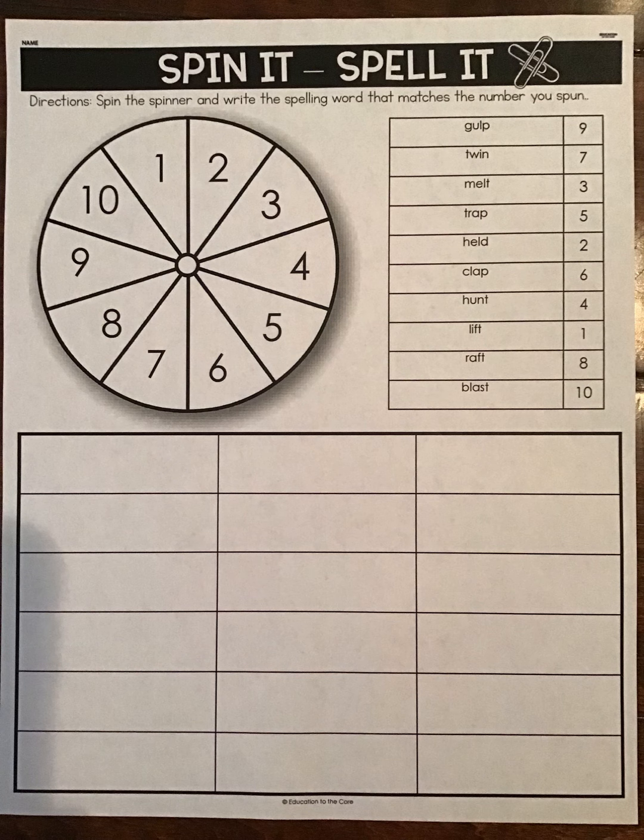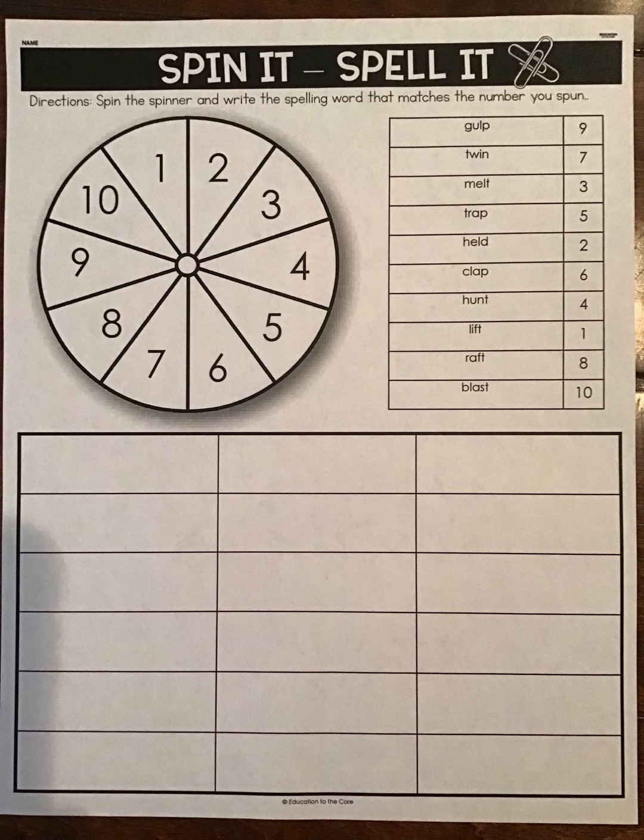We can find L blends and T blends at the initial part of the word, which is the beginning part of the word, and we can also find L blends and T blends at the final part of the word, which is the end of the word.